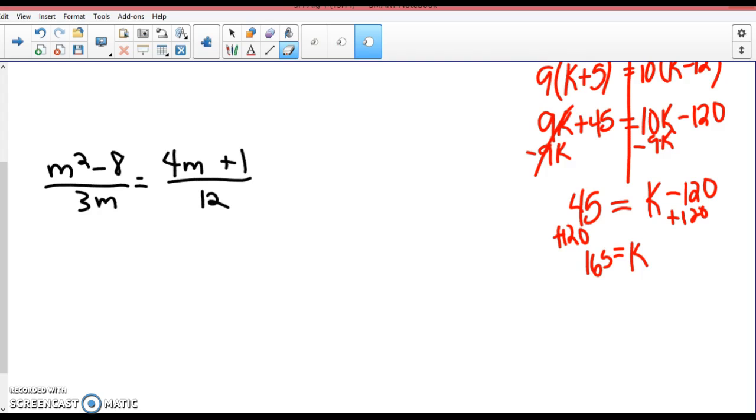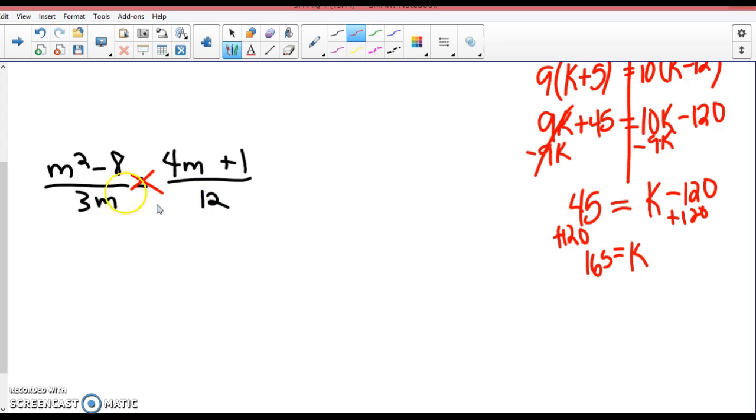It is a proportion because it is a fraction equal to a fraction. How do we solve proportions? What do I do, Justin? Cross multiply. So all of the things that I just said run through your head. Oh, look, a fraction equal to a fraction. That's a proportion. You cross multiply. So this one gets tricky.